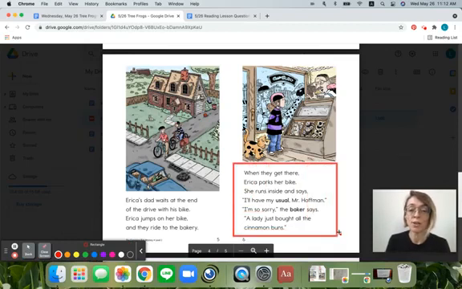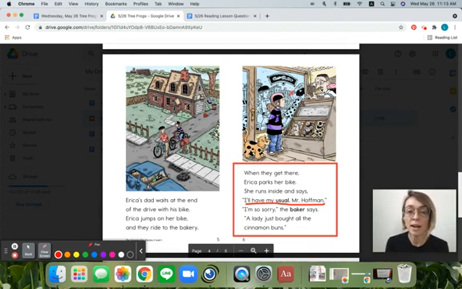All right. So Erica runs into the bakery and she says, "I'll have my usual, Mr. Hoffman." Usual, normal, what I normally get. So for me, my usual breakfast is usually a banana and an egg and some tea. What is your usual breakfast?